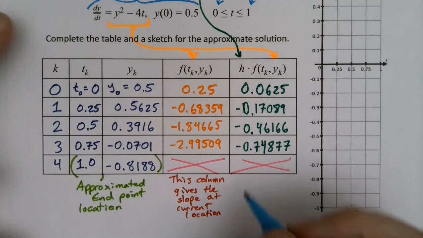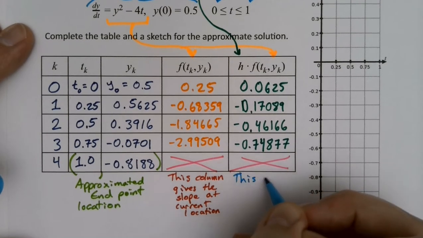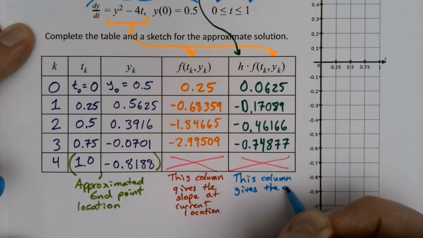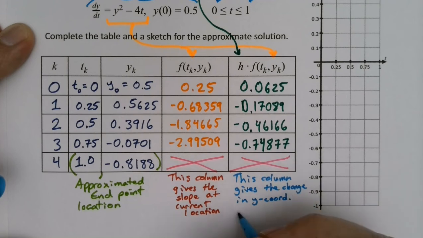This other column, this guy right here, this column gives the change in y coordinate for the next y value, right?